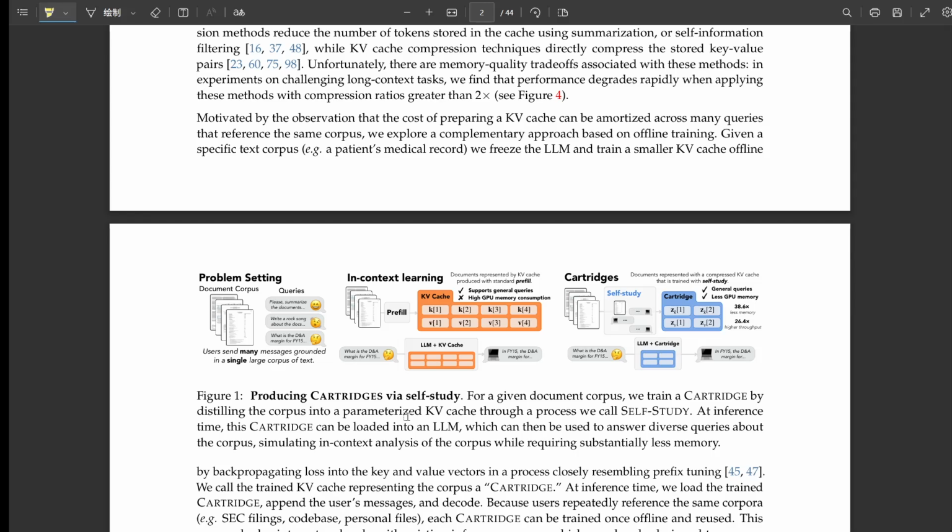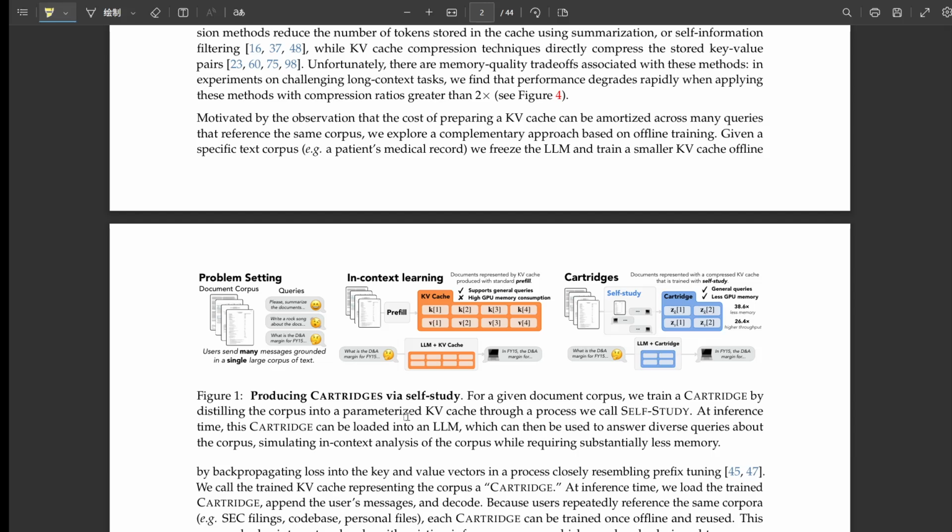That is precisely the idea behind cartridges. It's not the full text, not even the full-size KV cache. A cartridge is a small set of learned parameters. Think of it like a highly compressed, intelligently trained representation of the document's key information, stored in a way the LLM can work with directly.